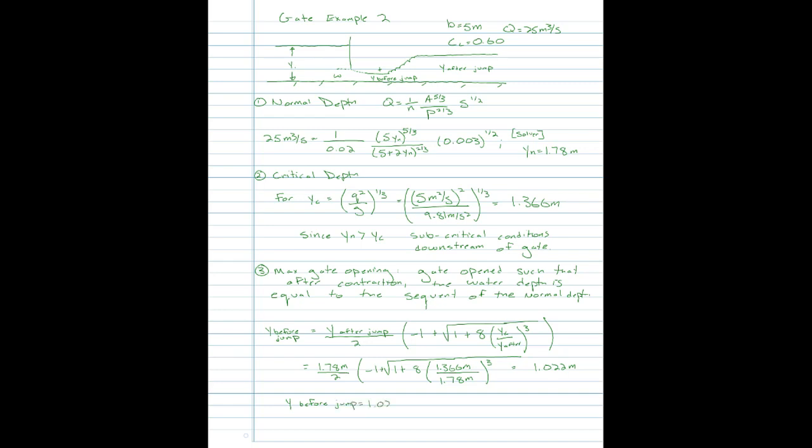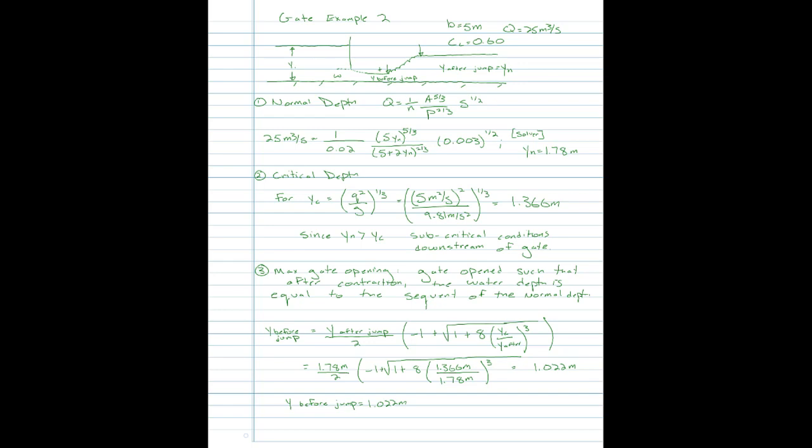So Y before the jump is 1.022 meters. Remember, in hydraulic jumps, there's the same momentum before the jump as there is after the jump. And so these two depths are perfect pairs of one another, where they're sequent depths. We know that eventually the water downstream of the jump is going to set up at the normal depth.